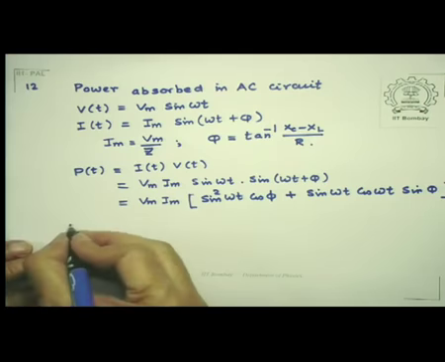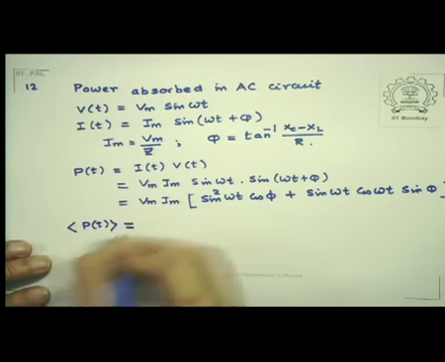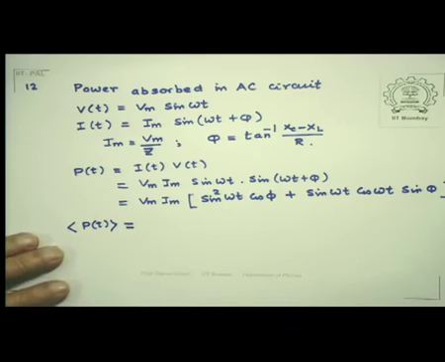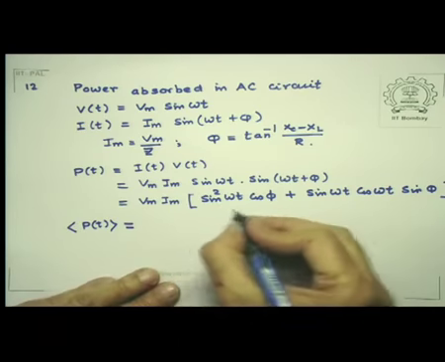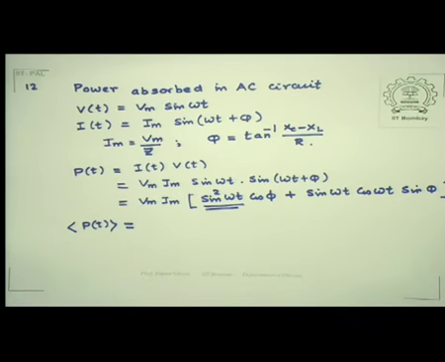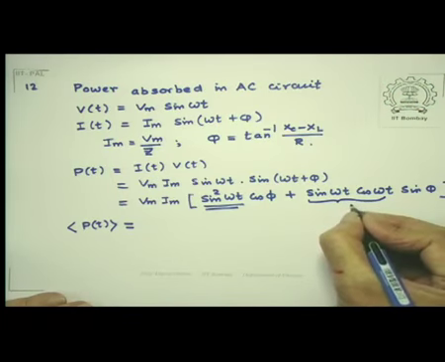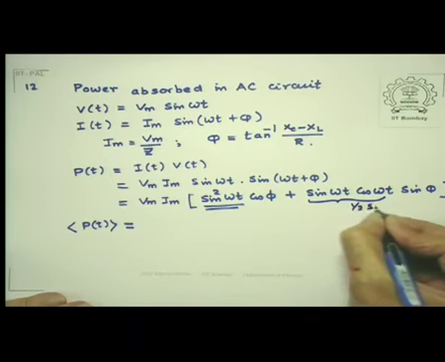Now, if I take the average power, I notice that the first term has a sine square omega t, and we have seen that the time average of sine square omega t is half. The second term is sine omega t into cos omega t, which is equal to half sine 2 omega t.